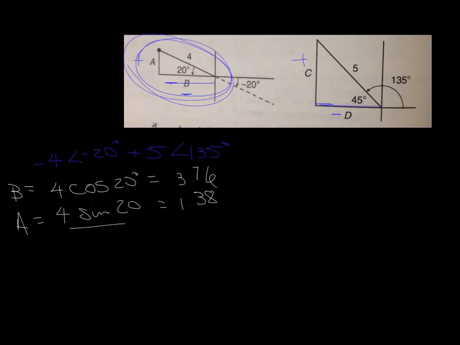4 sine of 20 is 1.38. Let's look at the one over here now. Same thing. I'm going to find d, and d is going to be 5 cosine of 45, which equals 3.54.